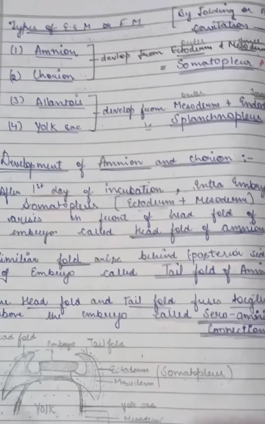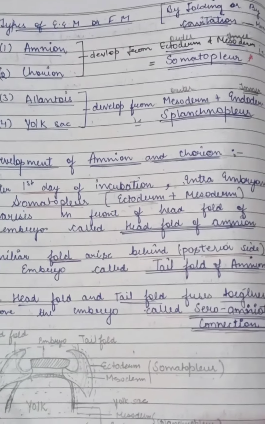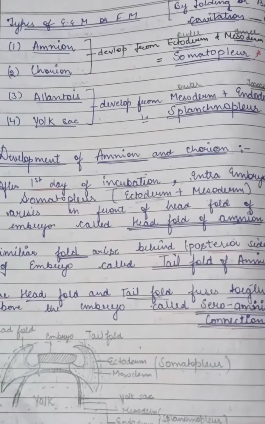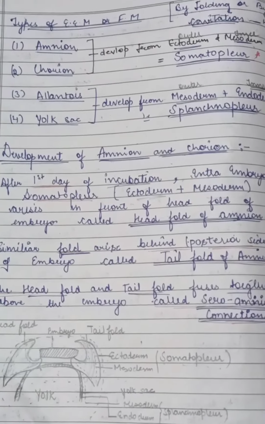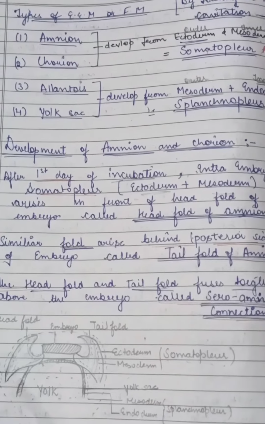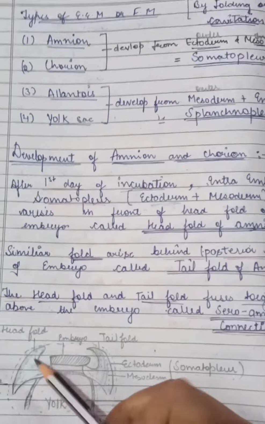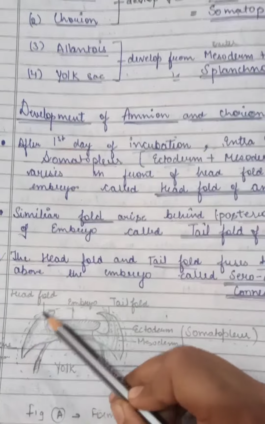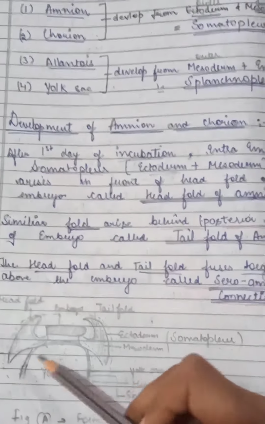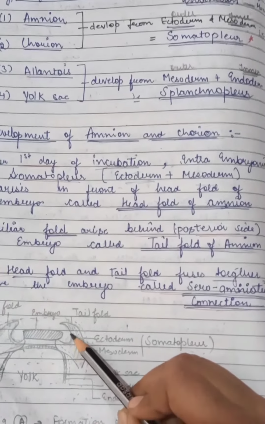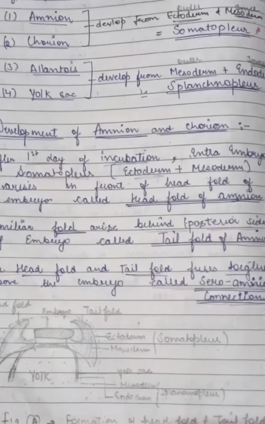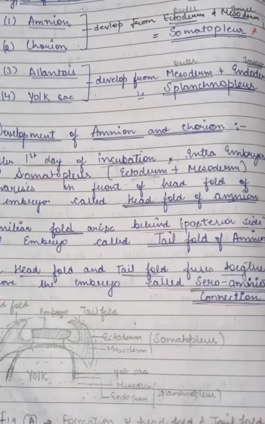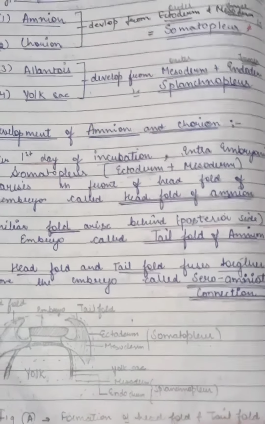Ectoderm and mesoderm, that is somatopleure, arise in front of the head fold and tail fold. Here we can see that the tail fold arises on the posterior side. Both the head fold and tail fold of the amnion fuse and form a connection known as the seroamniotic connection.